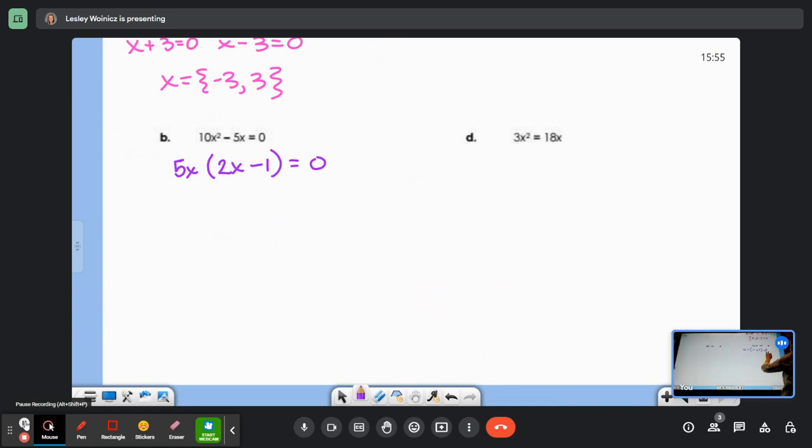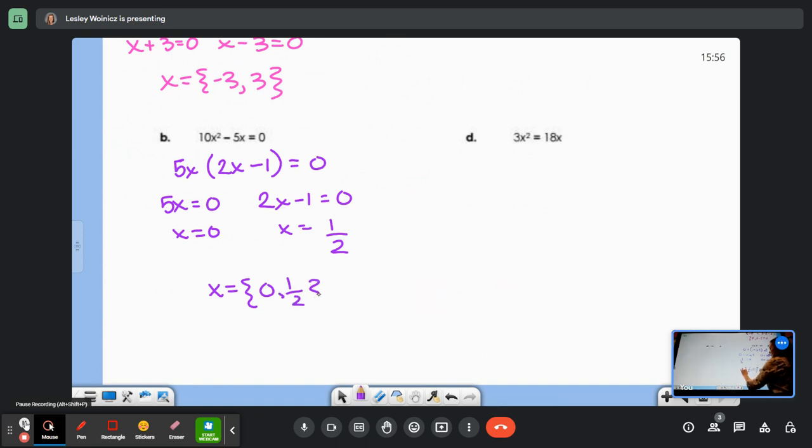Okay, now I can set each of my factors equal to 0 and solve. So this x is 0, and this x is positive 1/2. And that goes in curly brackets. 0 and 1/2. Okay, ta-da!